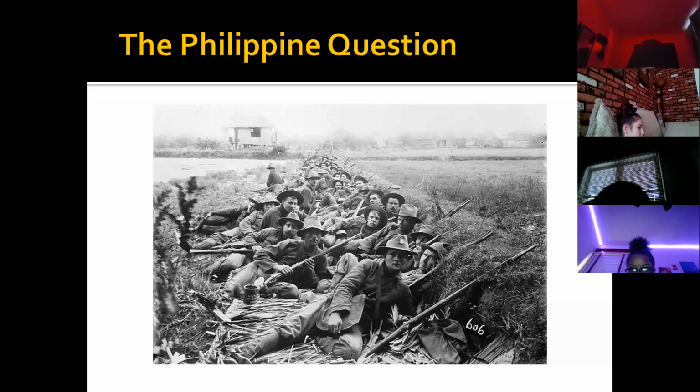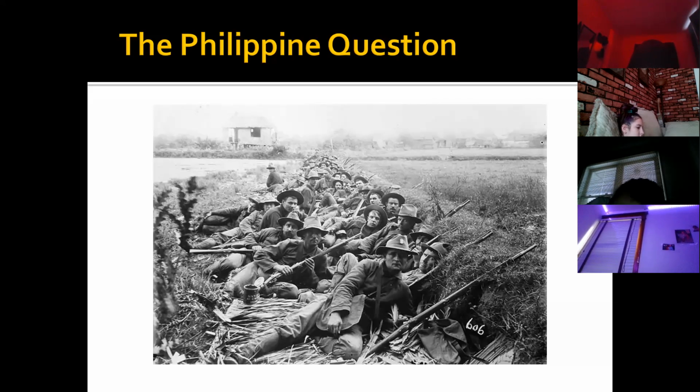They were under the assumption that they would get their independence after fighting with Spain. This leads to continuous conflict between the United States and the Philippines, which would cost thousands of lives. And the United States does not get control of the Philippines until 1902.